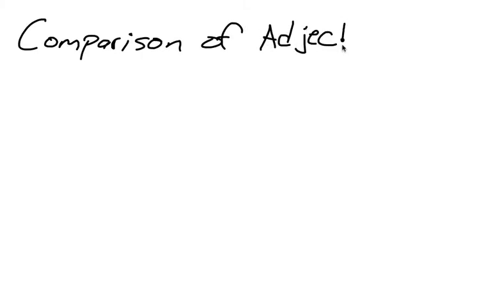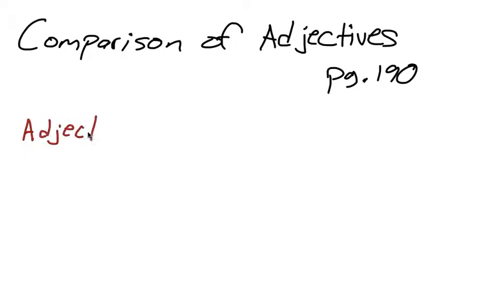Today we're talking about comparison of adjectives. And you can find this in your book on page 190. Okay, so the first thing we need to know about comparison is that adjectives have 3 degrees.